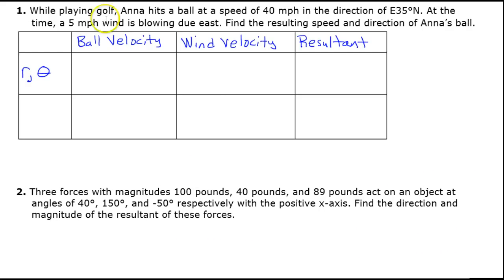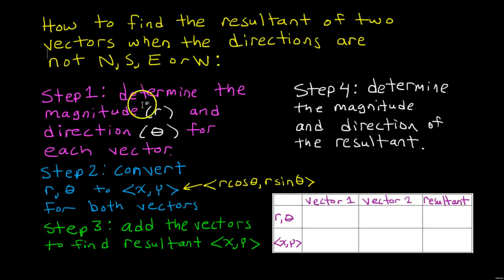And in the last row, I'm going to record the component form of each vector, horizontal and vertical. So this chart will fit very well with my system.